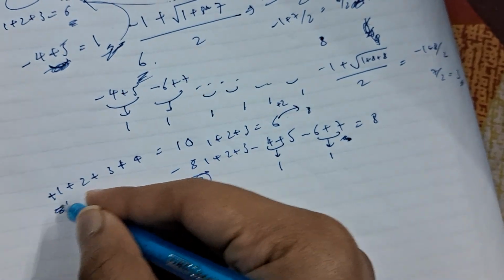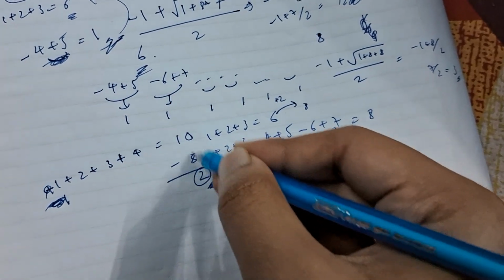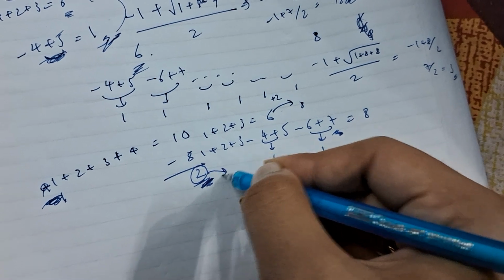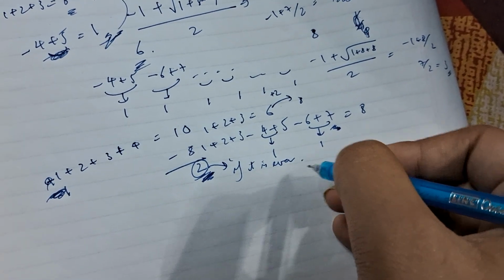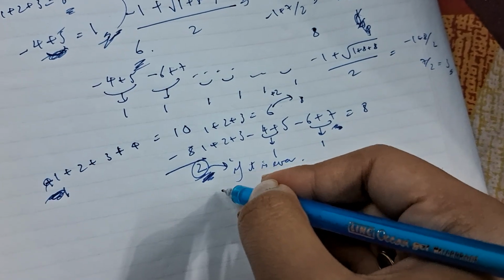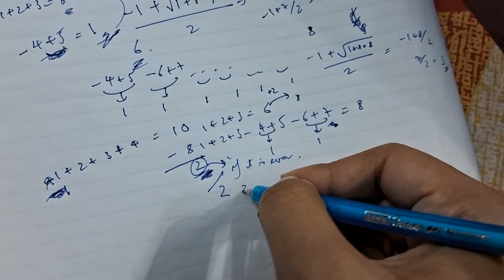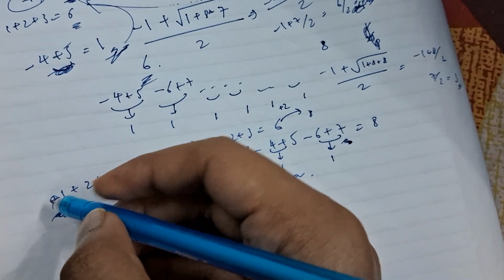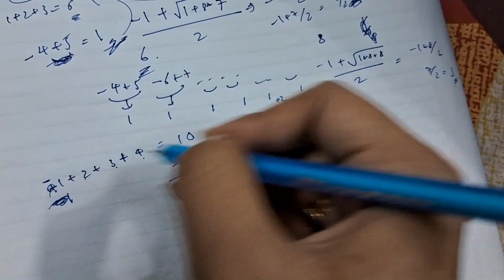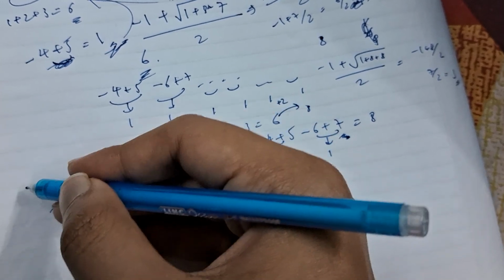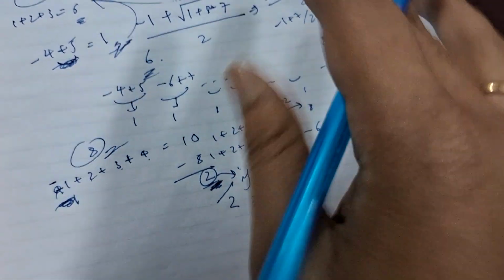Whatever is coming as the result, check if it is even or not. If it is even, divide that number by 2 and subtract that number, that is minus 1. Now see, 4 plus 3 plus 2 minus 1, that is 4 5 7 8 9 minus 1, that is 8, right? We get it.